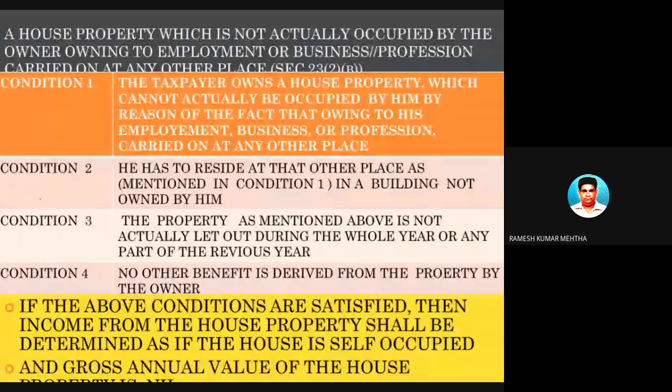Please remember the four conditions which you should satisfy to claim that the person, despite having a property, has not used it owing to employment, business or profession carried out at any other place than the place of his own house property. Condition 1: the taxpayer owns a house property which cannot be actually occupied by him by reason of his employment, business or profession carried out at any other place.